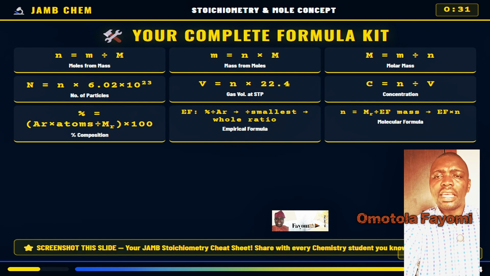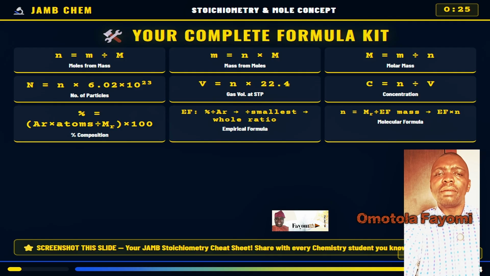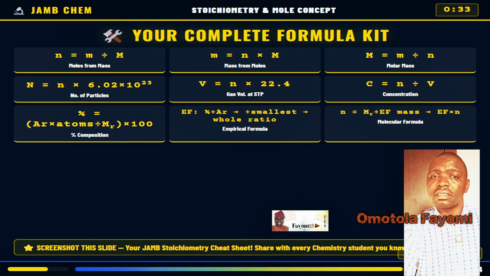C equals n over V for concentration. Percentage equals Ar times atoms over Mr times 100. And the empirical formula to molecular formula pathway. This cheat sheet covers every stoichiometry question JAMB has ever asked. Screenshot, save, share, and use it when you study.